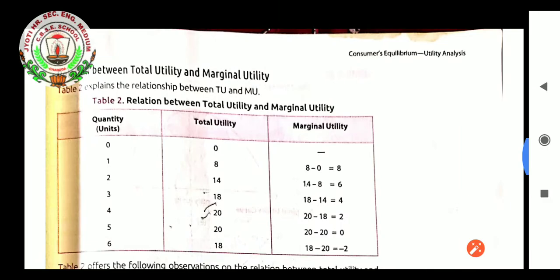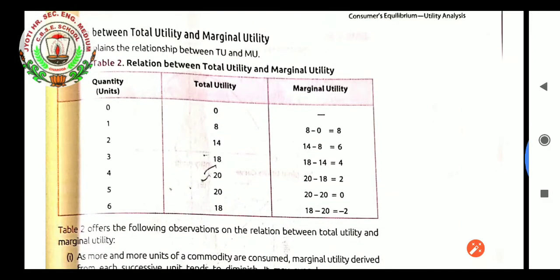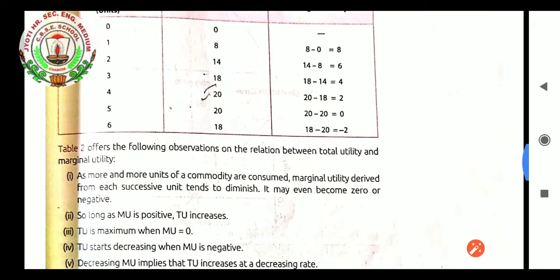Relation between total utility and marginal utility. You can see the relation here. Table 2 offers the following observations on the relation between total utility and marginal utility.